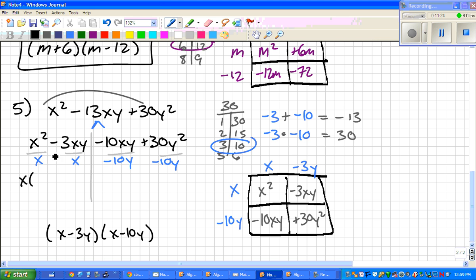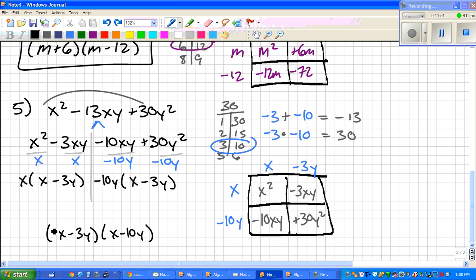Okay, so the x comes out front, and you're left with x minus 3y. Pull out a negative 10, and you're left with x minus 3y. Well, what do you know? Hey, look at that. That's where we're getting these answers. Those match up and then get you the other one. Okay?